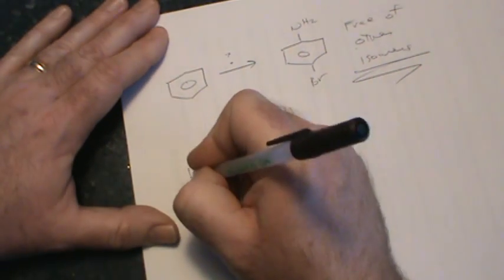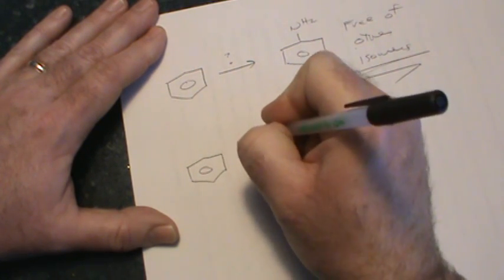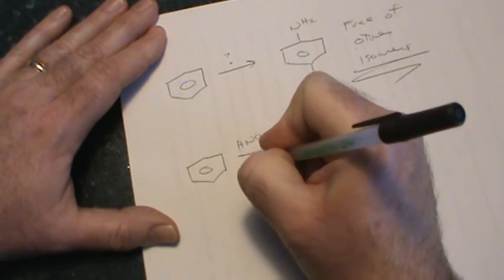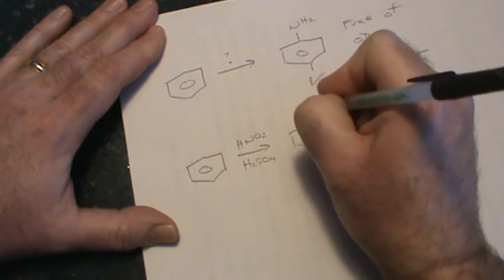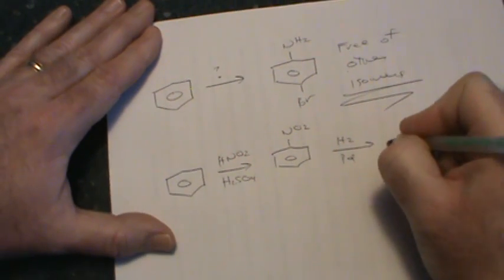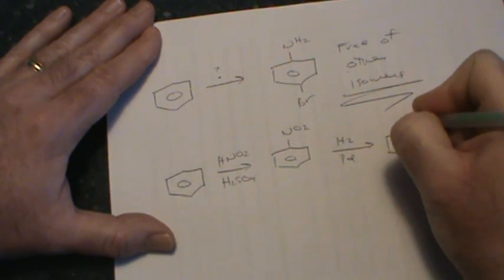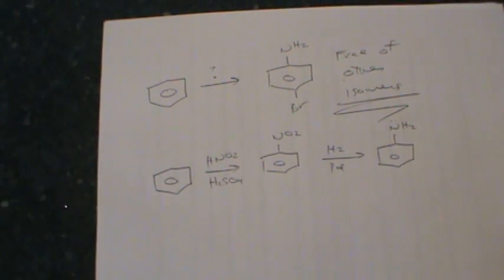Let's look at this. First of all, how do we get the amino group on board? Well, that starts with nitration, followed by reduction. So when you want an amino group, that's how you do it. Nitration followed by reduction.